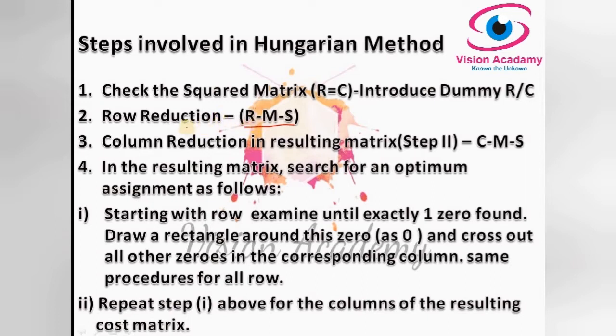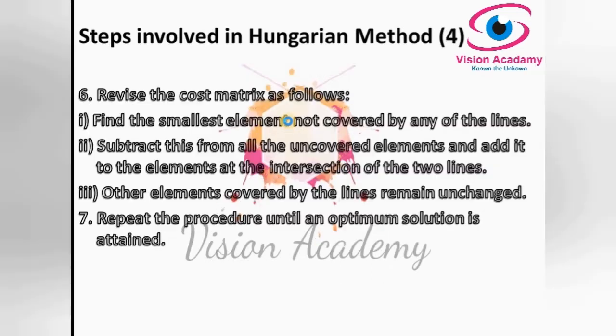Again I will repeat. In the row reduction, we go with the row, find the minimum value and subtract it from the other values.